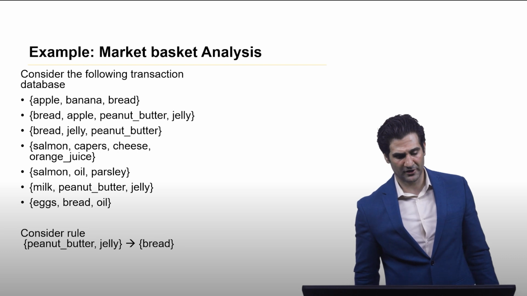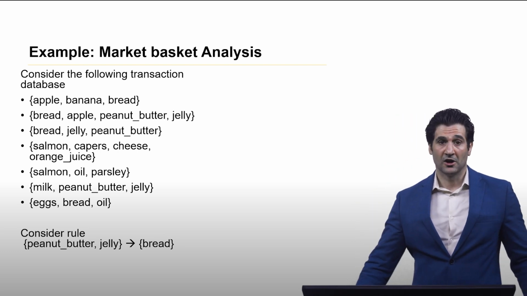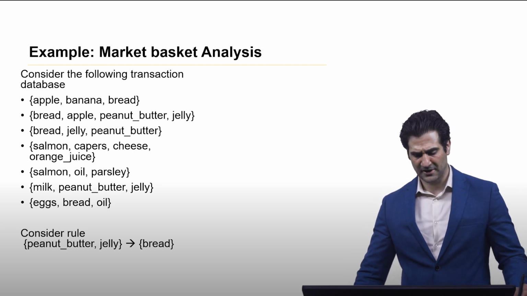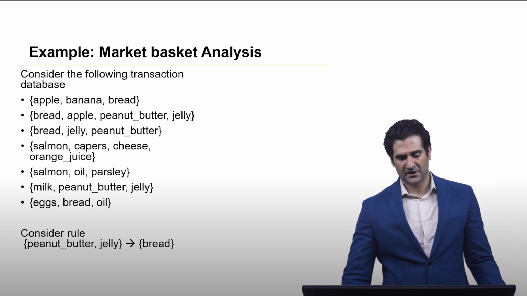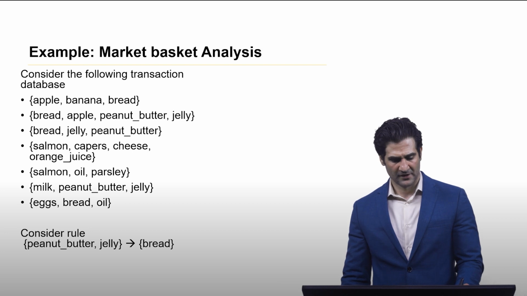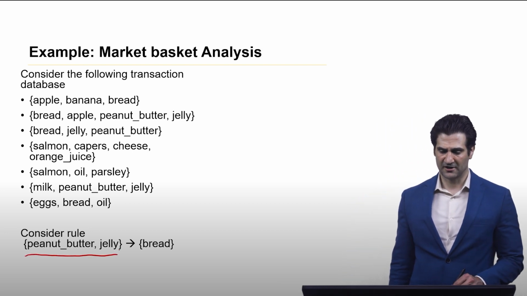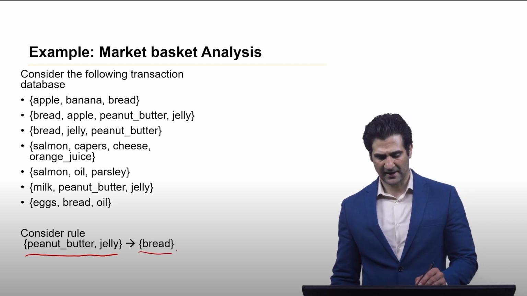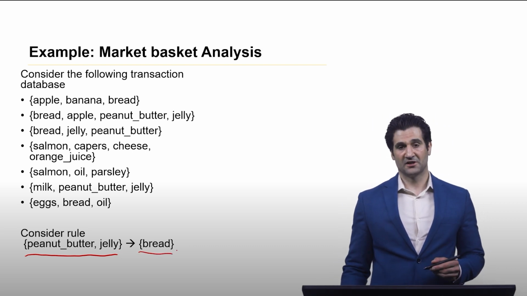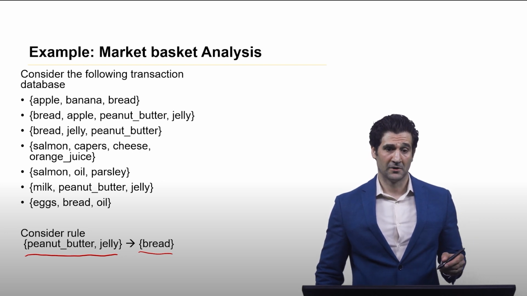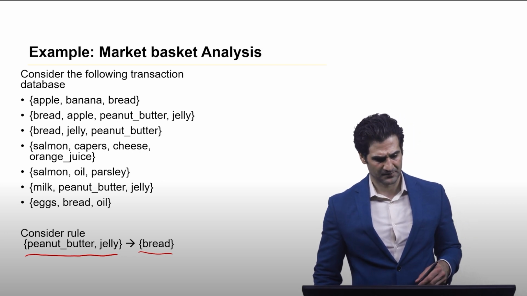So let's walk through a quick example. So here is the same transaction database of grocery store market baskets. And we want to consider the following rule. If someone buys peanut butter and jelly, then they buy bread. So the first thing is we need to calculate how often all three of them appear in the database.